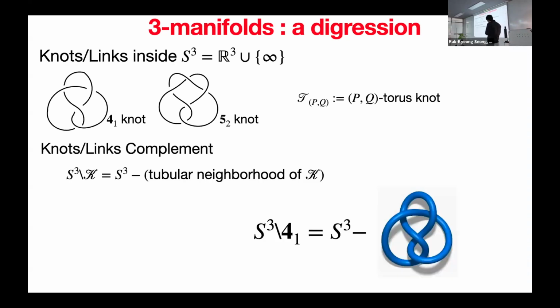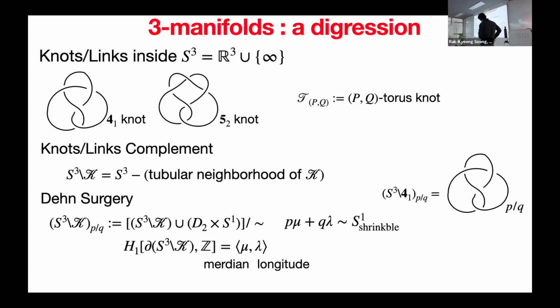We also consider the link complement in the three-sphere, which we denote by this. We are removing the tubular neighborhood of the knot or link from the three-sphere. If we consider the figure-eight knot complement, roughly we remove the tubular neighborhood of the figure-eight knot from the three-sphere, and we get a knot complement.